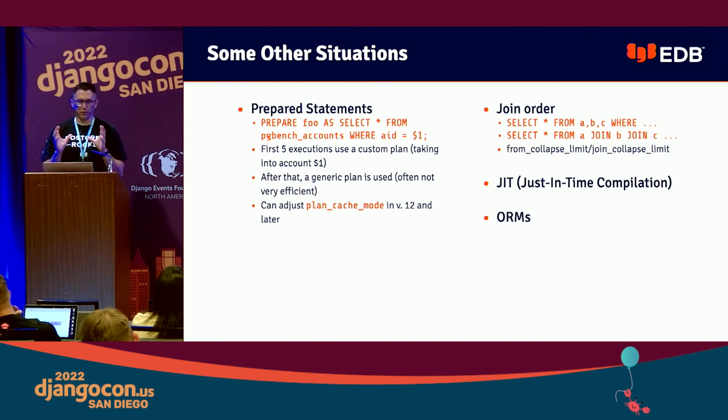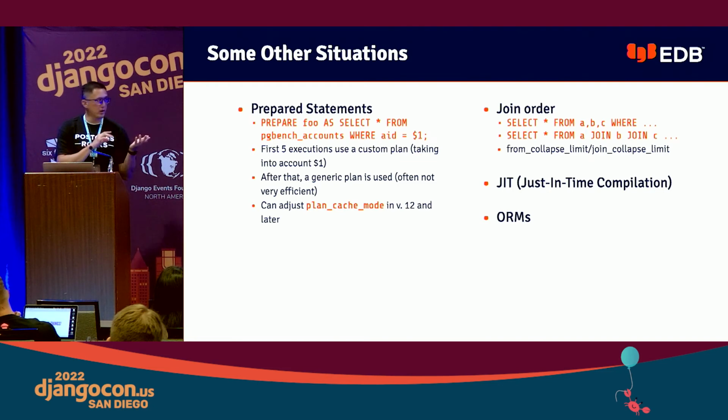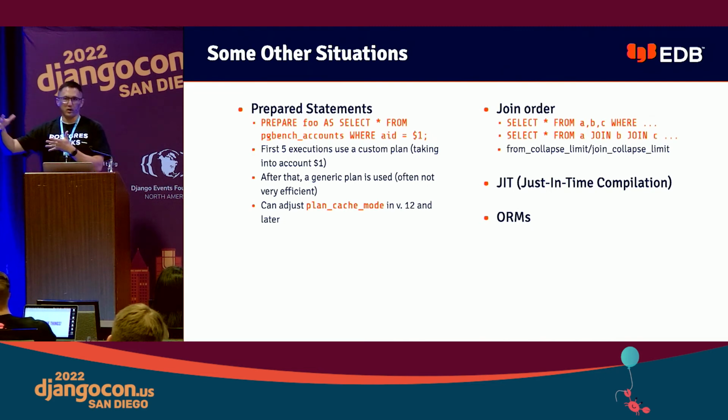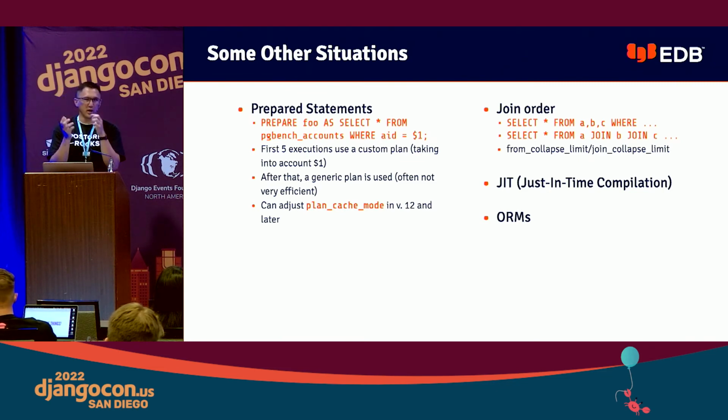you might have poor performance is when you get the join order wrong. Okay. So in this example on the left, if I call select star from A, comma B, comma C, where, and then all my where clause, the query planner can reorganize the order of those tables however it sees fit.